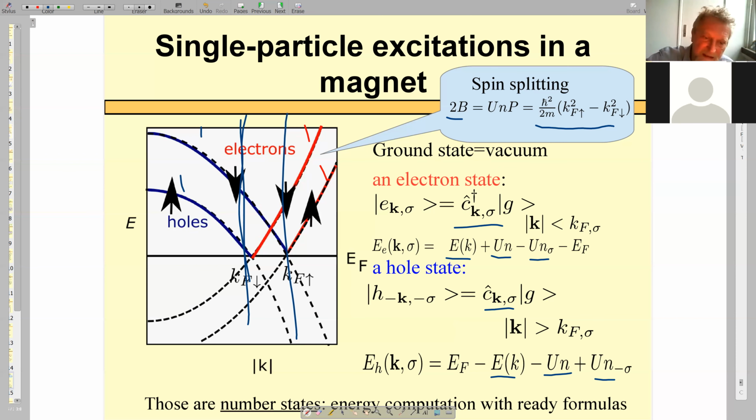Pay attention to the fact that the spin of the hole is opposite. It's electron extraction. All right. Again, it's an easy computation, and we just use the fact that we again create number states which belong to the basis of Fock space, which are characterized by a set of occupation numbers for each level.